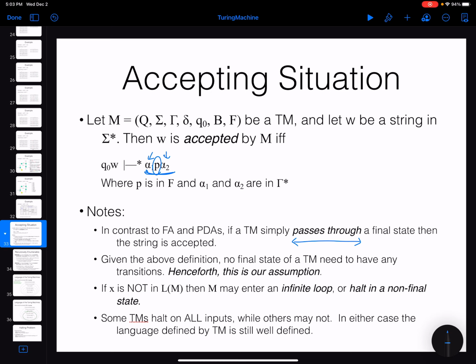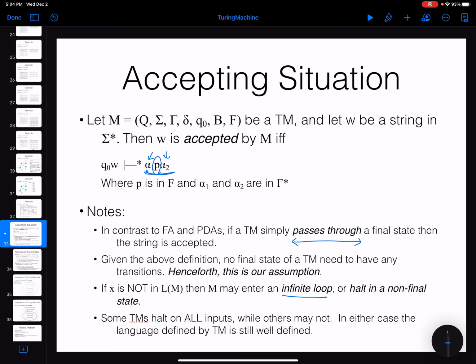So in that case, you will be in an infinite loop. Or you can reach some state, and if there is no transition defined for the situation that you are in, your Turing machine will stop. Your Turing machine will basically crash, and because the state is not an accepting state, your Turing machine is going to reject the string.